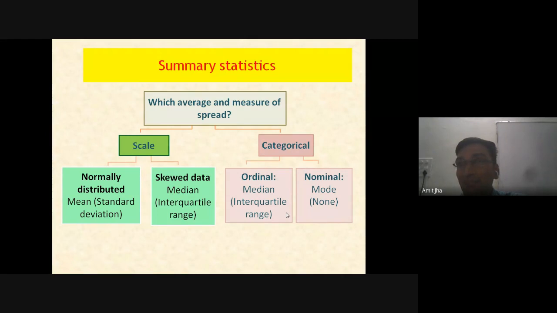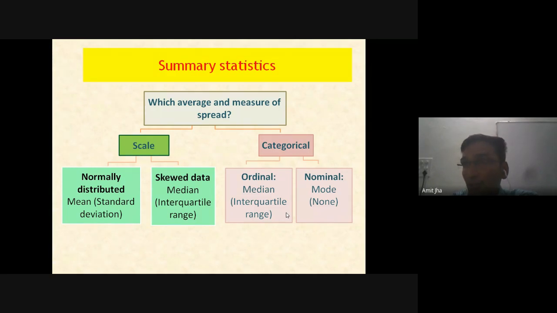But does it mean that all the data on which we applied the arithmetic mean is the same? Though it appears that since the mean of both classes in a particular subject is the same, the students of both classes are equally good, it appears so, but it may not be.